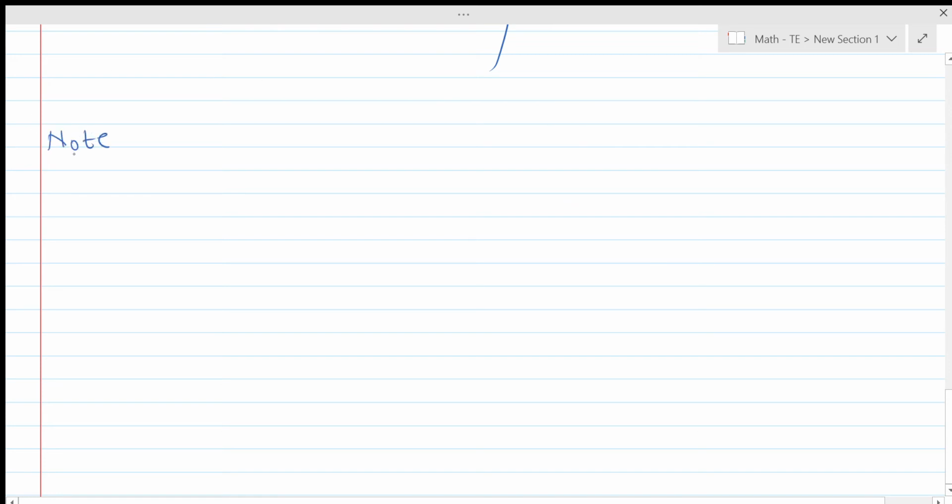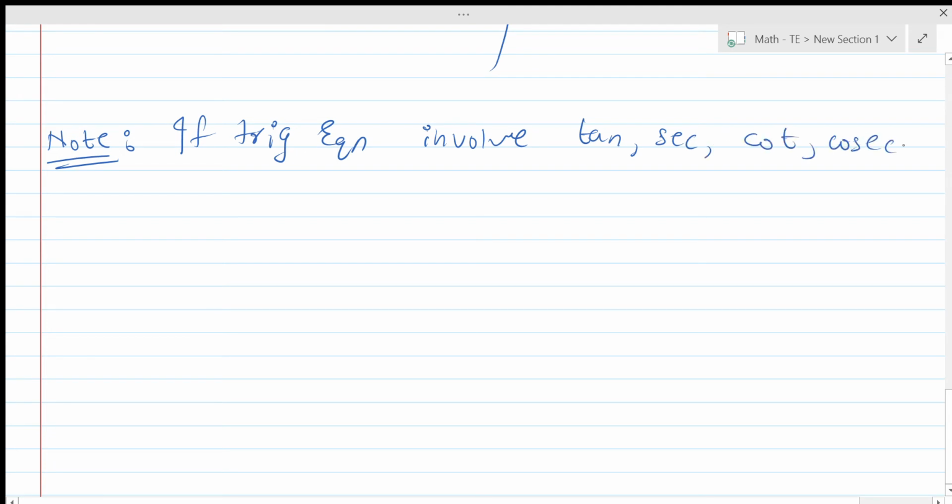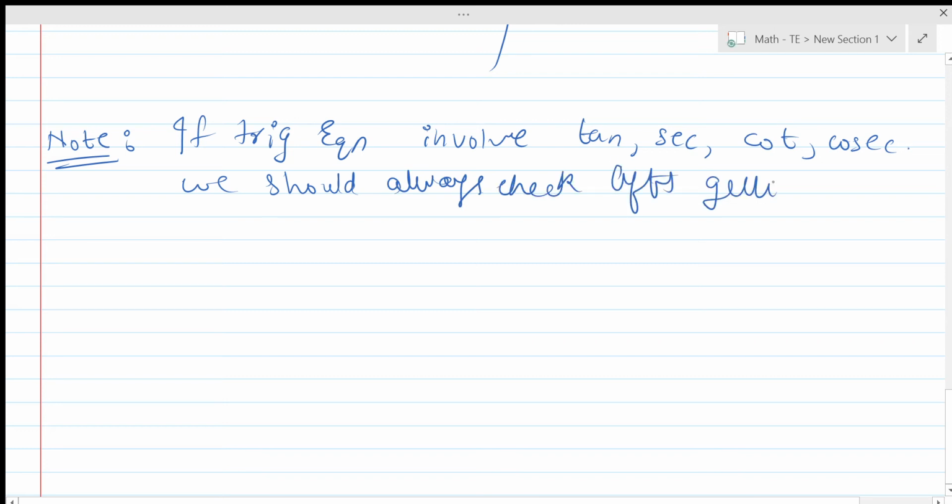So here's an important note that says if trig equations involve tan, sec, cot, cosec, we should always check after getting the solution.